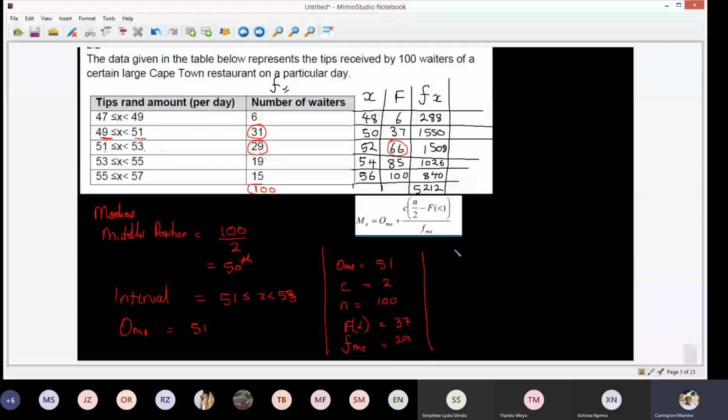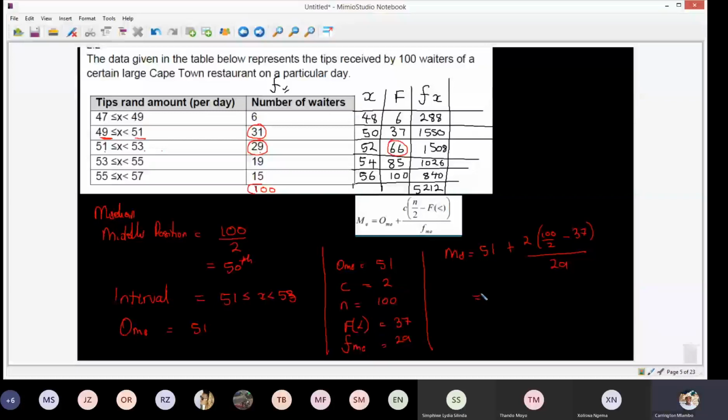So your median is equal to the lower limit, 51, plus 2 times the bracket 100 over 2 minus the previous cumulative frequency, 37, over the frequency of the median, 29. All right, so 50 minus 37, times 2, divided by 29.